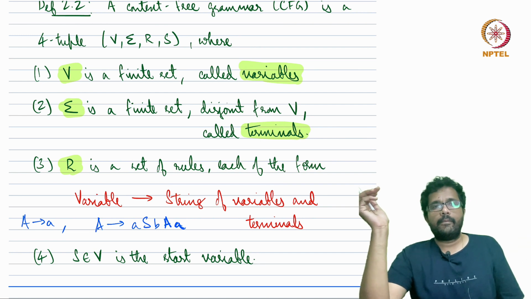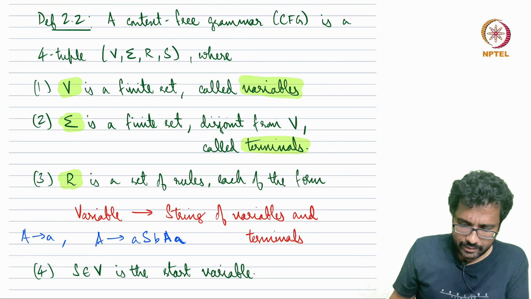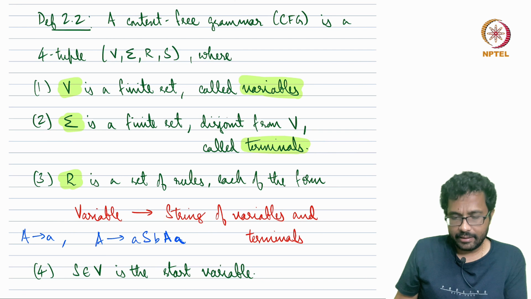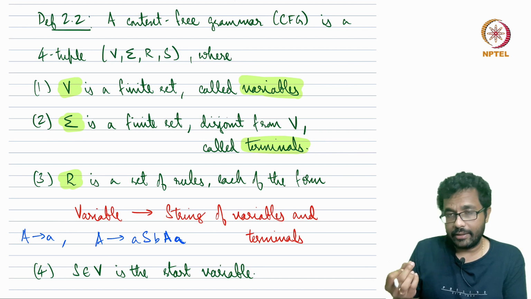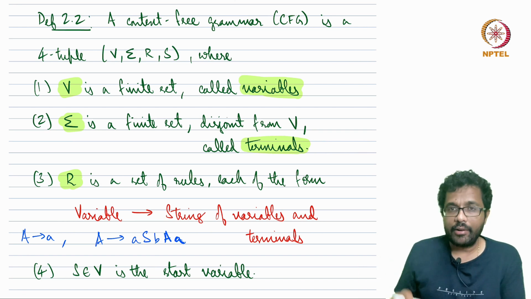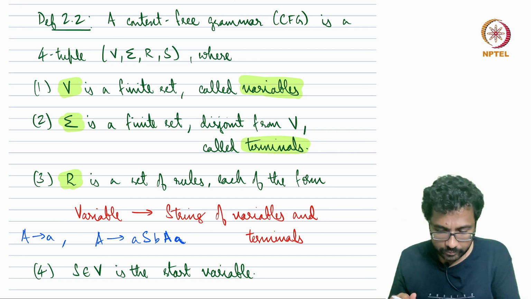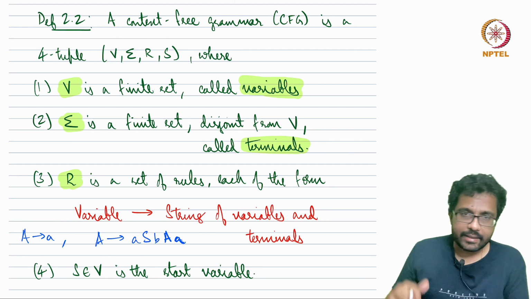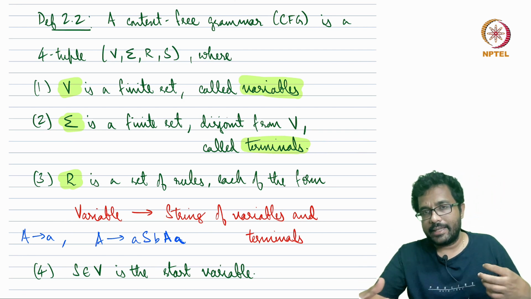One thing is, even though I am calling Sigma terminals, meaning they are denoted by small case letters, not capital letters, or numbers like 0, 1, etc., or it could be other symbols like open bracket, close bracket, etc. These are terminals because they cannot be further replaced by something.